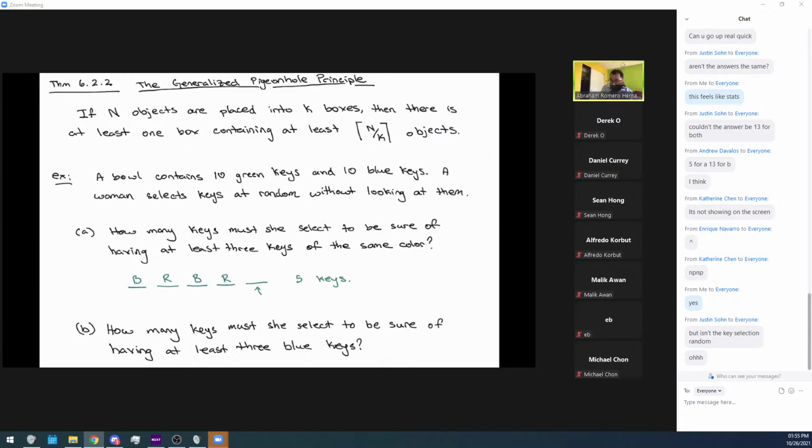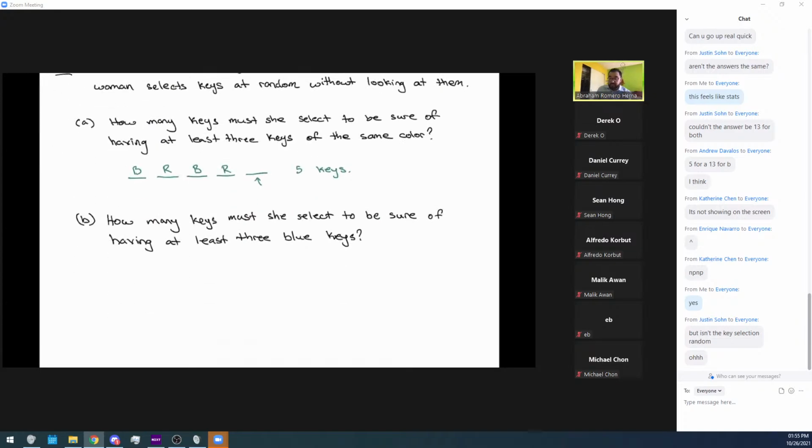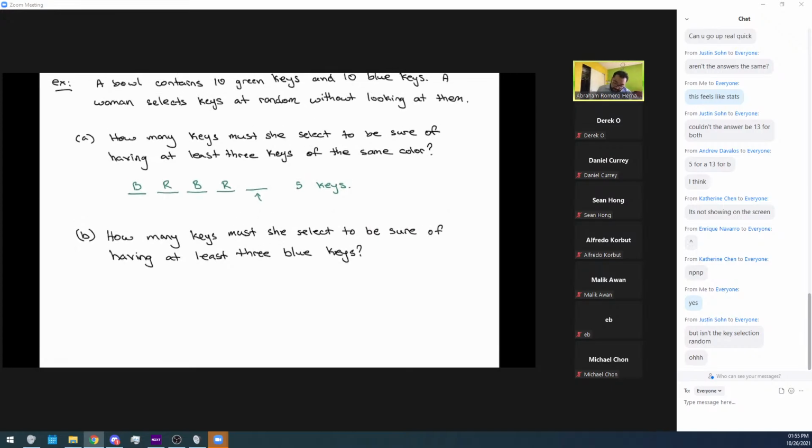Good. Okay. How many keys must be selected to be sure of having at least 3 blue keys? Well, this one's interesting because we want to make sure we have 3 blue keys.